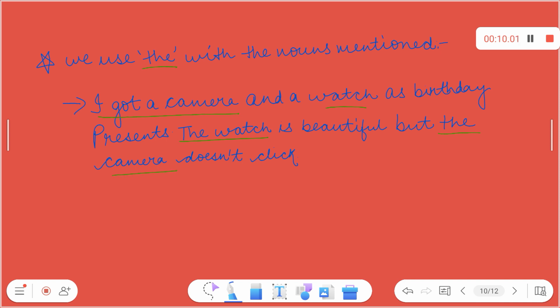So we are studying that we use it with a noun already mentioned. The nouns mentioned here are a camera and a watch. Why am I using "the watch"? Because watch is already mentioned. And now I'm using "the camera" because camera is already mentioned over here.